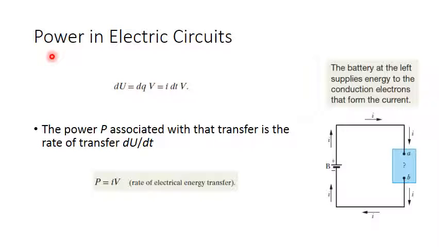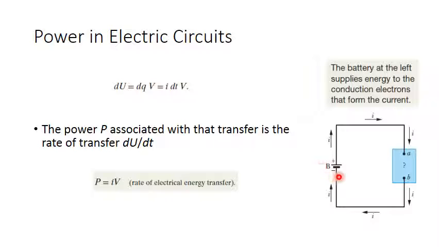If you remember, the work done to move a pointed charge or incremental charge with a potential difference V is delta Q multiplied by the potential V. Actually, in electric circuits, the potential V is obtained from the battery.